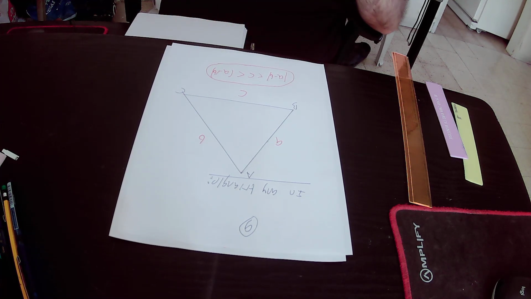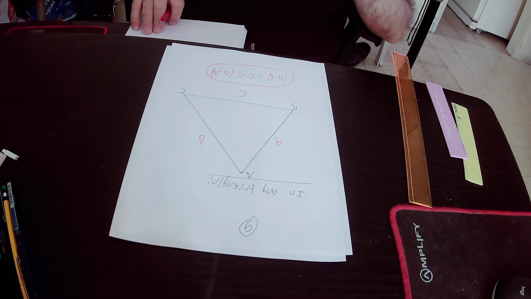Again, the meaning of this rule is that the sum of the lengths of two sides of a triangle is always greater than the length of the third side, and the difference between two sides of a triangle is always smaller than the length of the third side. Okay?